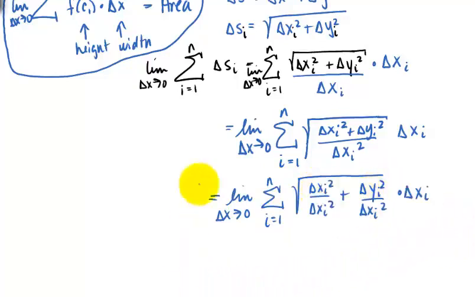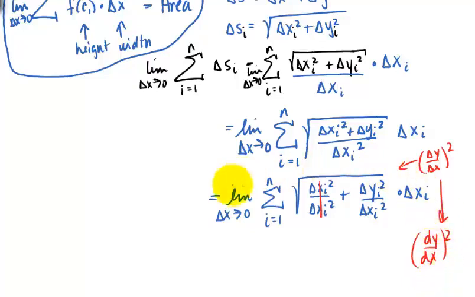All right, now if you look at this, you can see that this is going to turn into 1. This is going to turn into delta y over delta x quantity squared, which, if you think about it, is pretty much the same as dy over dx quantity squared if we were going to write it in terms of calculus.